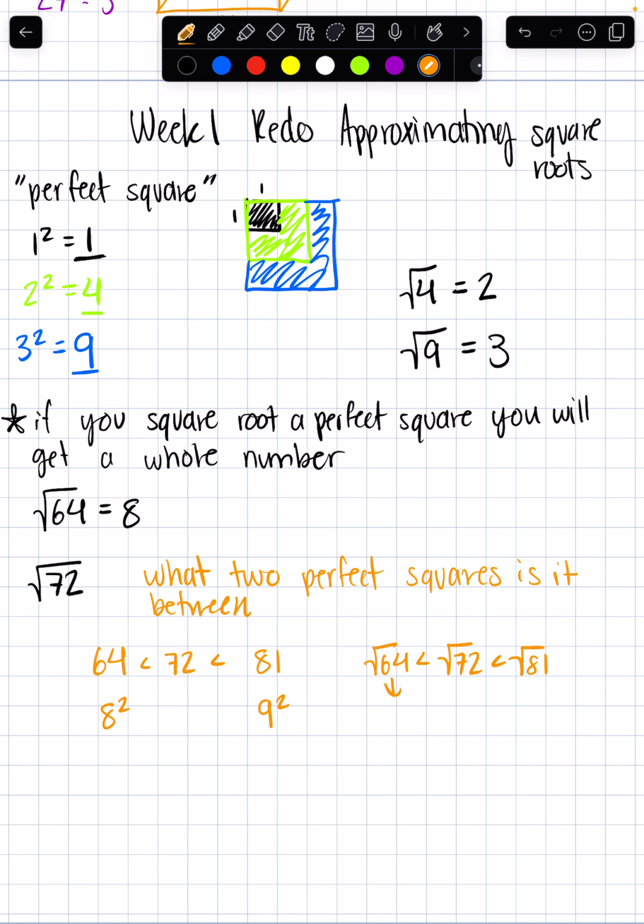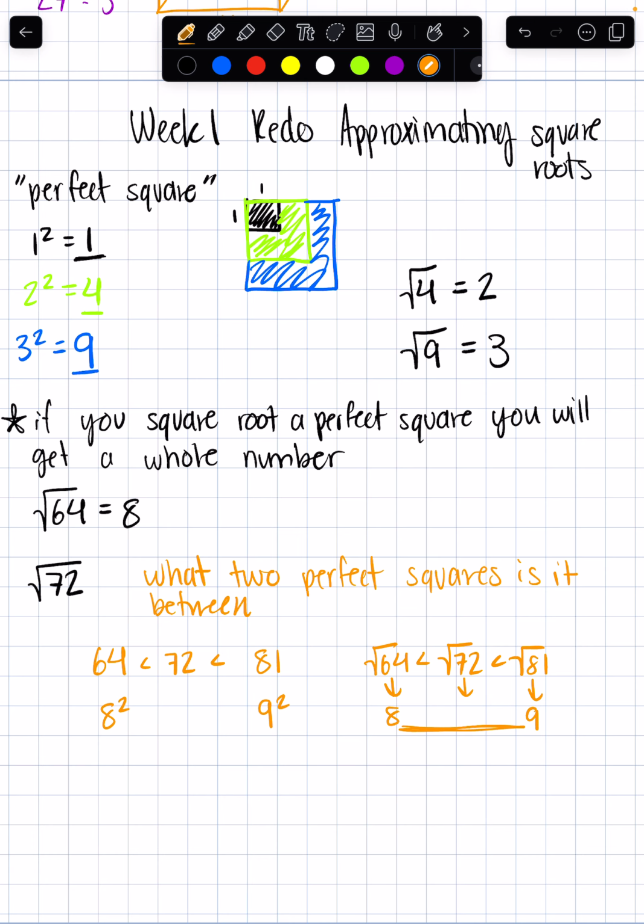Well, the square root of 64 is 8, and the square root of 81 is 9 because of what we set up over here. And so that means that the square root of 72, if we were to actually try and answer that, has to be somewhere in between 8 and 9 on a number line.